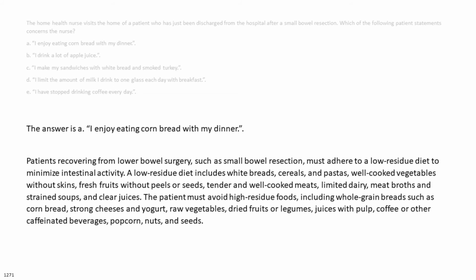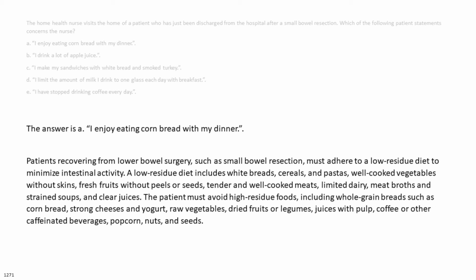The answer is A. I enjoy eating cornbread with my dinner. Patients recovering from lower bowel surgery, such as small bowel resection, must adhere to a low residue diet to minimize intestinal activity. A low residue diet includes white breads, cereals, and pastas, well-cooked vegetables without skins, fresh fruits without peels or seeds, tender and well-cooked meats, limited dairy, meat broths and strained soups, and clear juices.